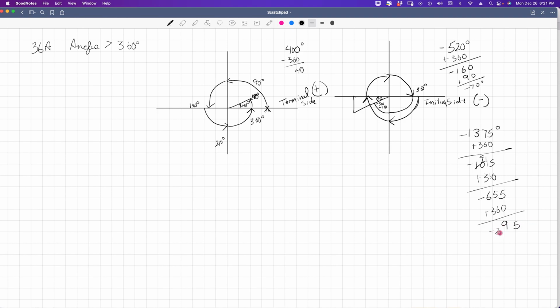Well, now you're finally below 360, so you can start evaluating exactly where that is on the Cartesian coordinate system by measuring from the initial side. And you would say 90, 180, 270. Okay, so 270 is going to be my next quadrant. So I would add 270 to that, and I would have negative 25.